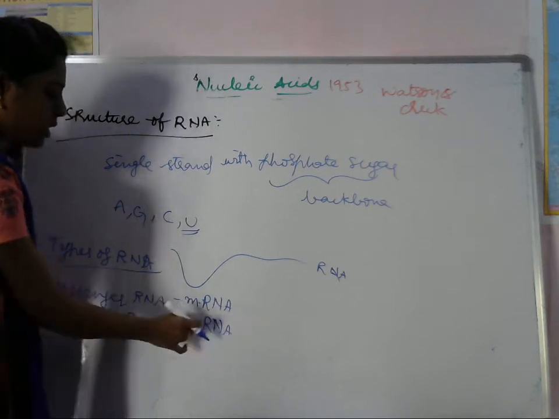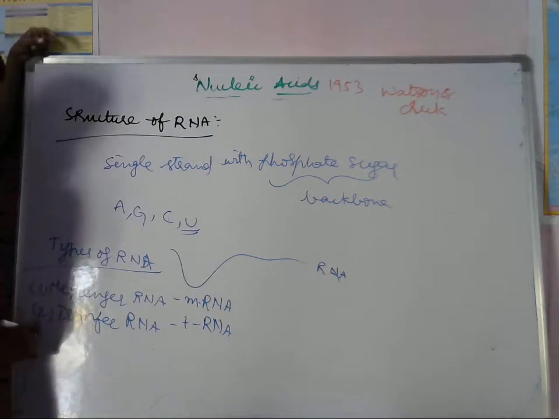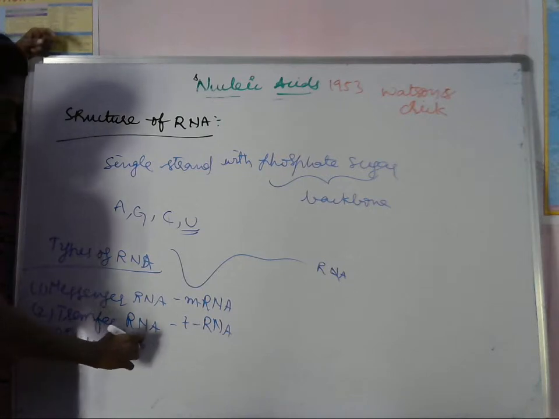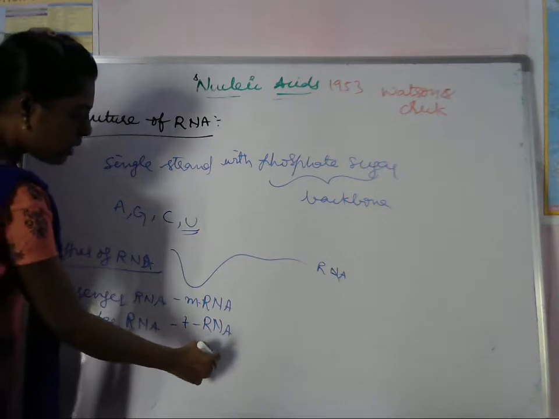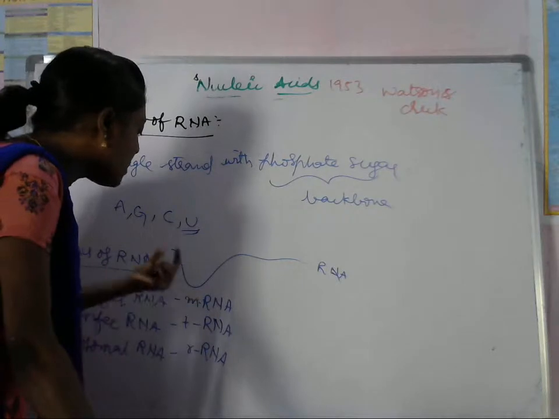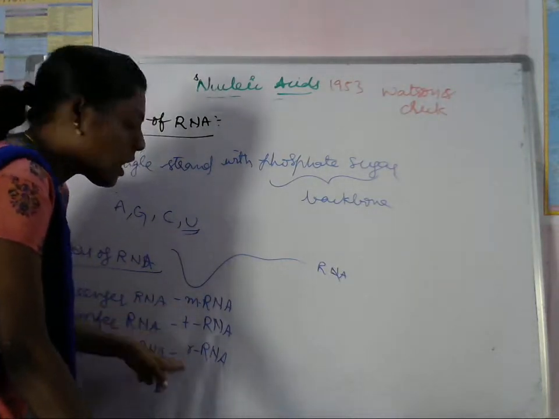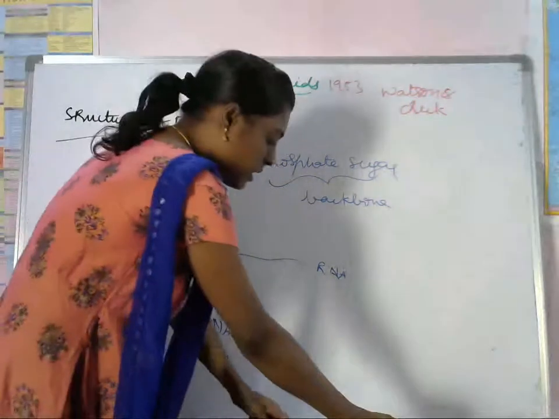T means transfer, m means messenger. The third one is ribosomal RNA, which is rRNA. We have to use small letters for these: mRNA, tRNA, rRNA. So three types of RNA are present.